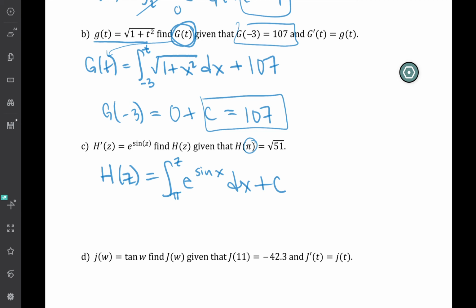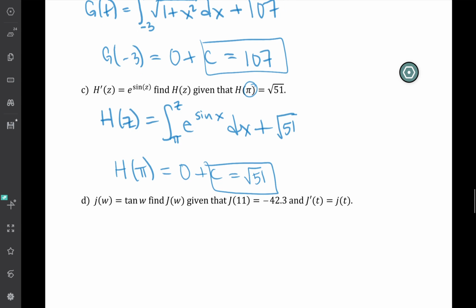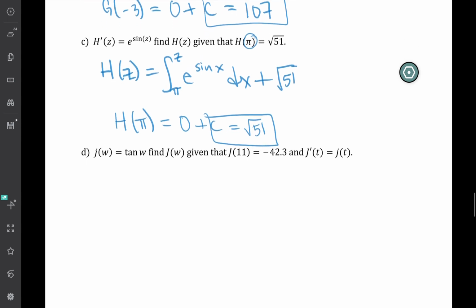We know that when we plug in pi, we're going to get the integral from pi to pi, which is 0, plus c, and that's supposed to equal root 51. So root 51 is going to be our c. So again, if you carefully choose that lower limit, it makes the plus c really easy for this type of function. Doesn't mean you can't choose anything you want for the lower limit, it just means you'll probably end up having to use technology, and you'll only have an approximate c value, not an exact one.